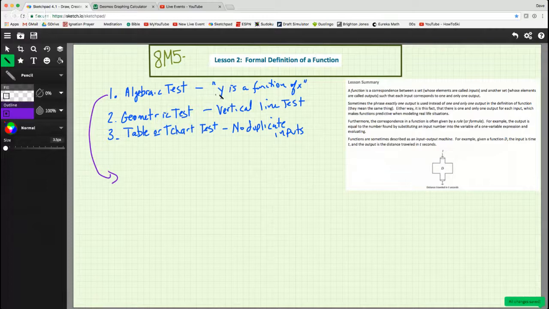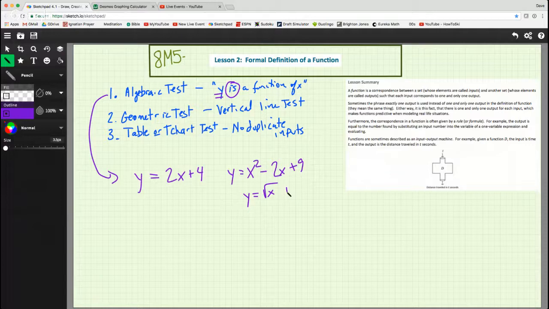Let's remind ourselves really quickly: y is a function of x. If you can write an equation like y equals something of x, maybe 2x plus 4, or y equals x squared minus 2x plus 9, or y equals the square root of x plus 14, all divided by 3, all of these pass the algebra test, because I can say y equals something.